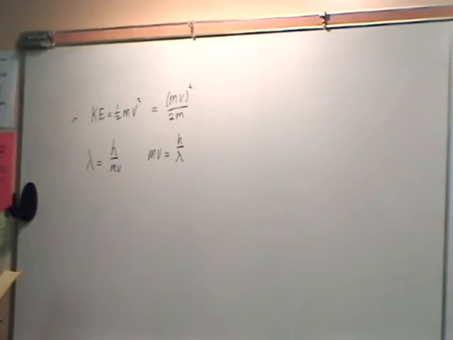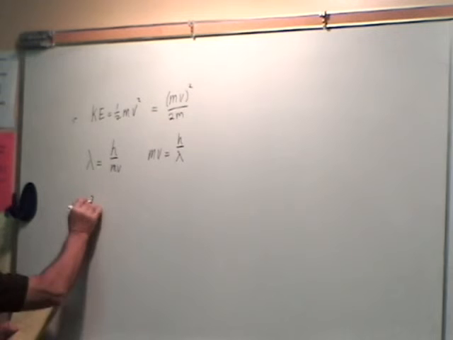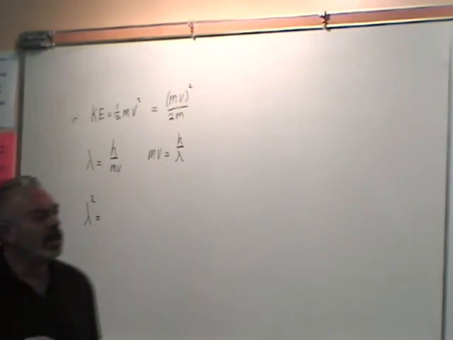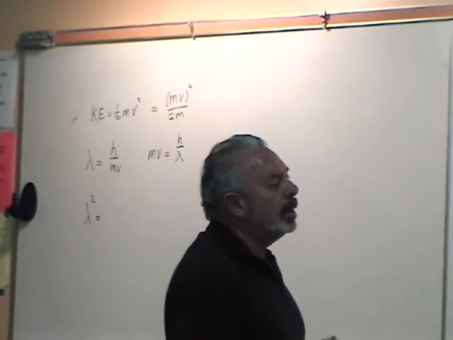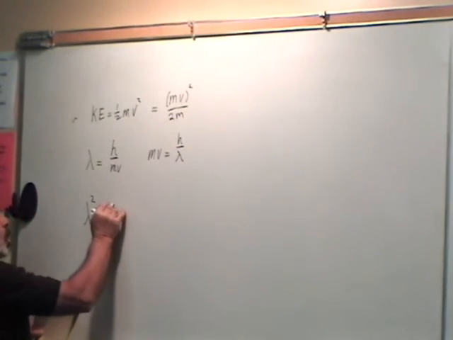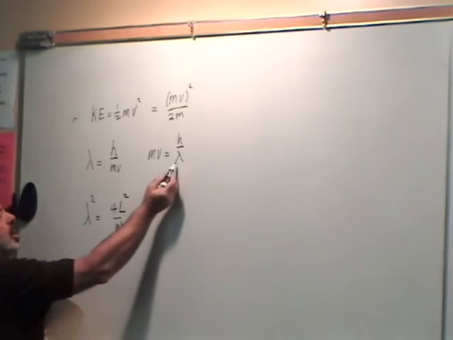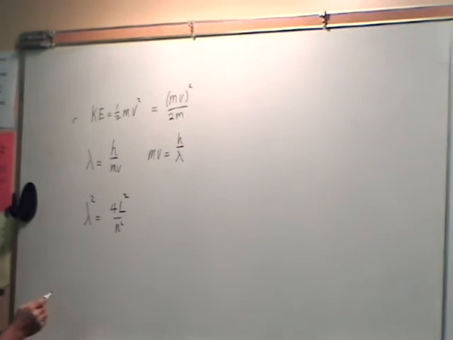And so putting in then for lambda squared, what is it? 4L squared over n squared. And you can see that I'm going to have a lambda squared right here.